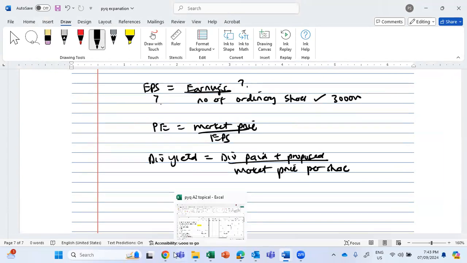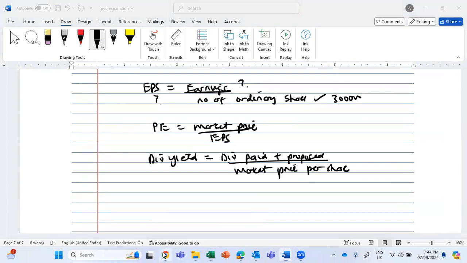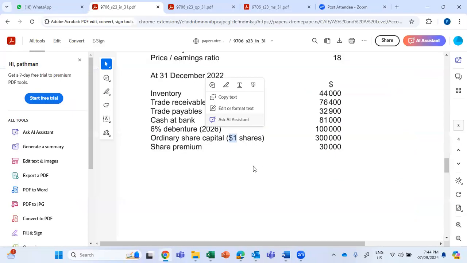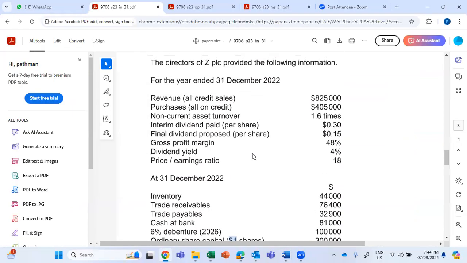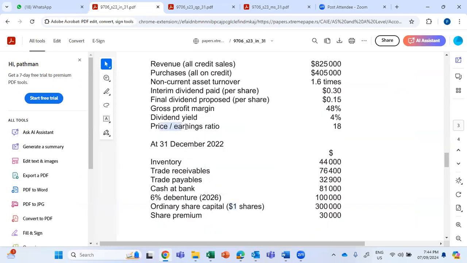Okay, let's see which one we have to use. We have market price per share. Here, we know the PE ratio. It's 18. But we don't know what the market price per share is.